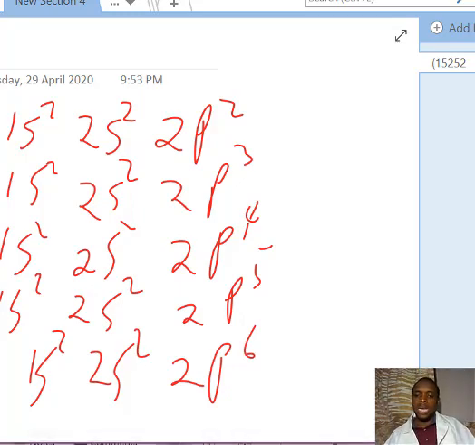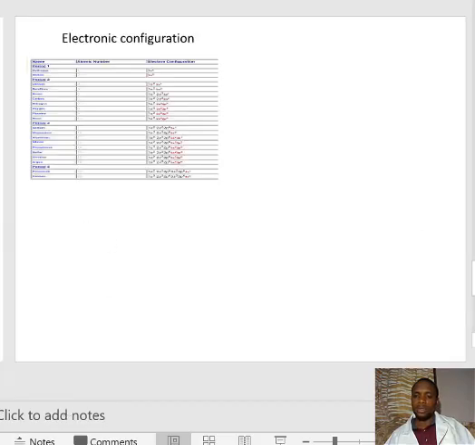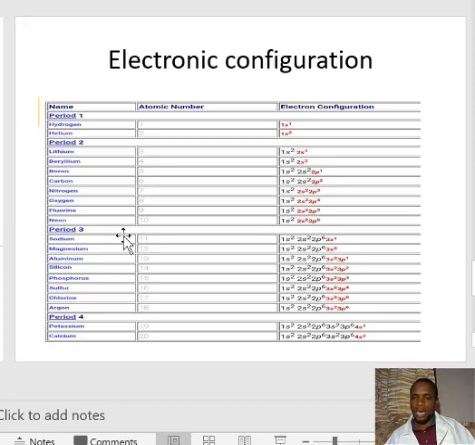So when you look at the rest, after neon, the next one is sodium. We have 1s2, 2s2, 2p6, then we go to 3s1. Then we give 3s2. After that, we move to aluminium, which will extend to 3p1 until you give p6.